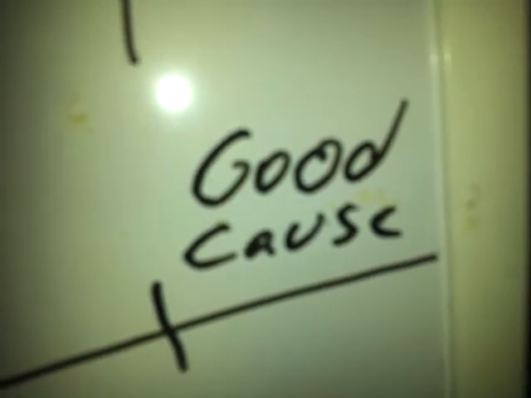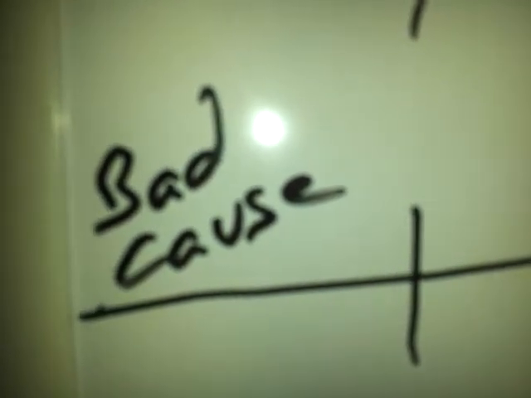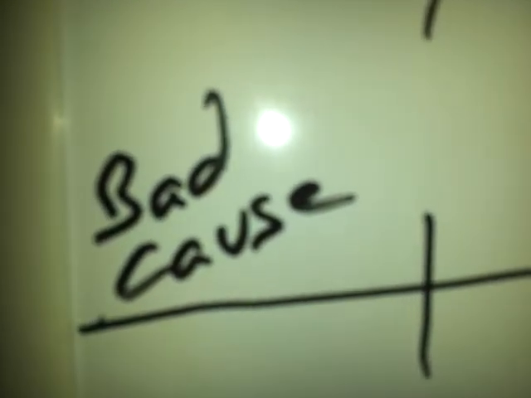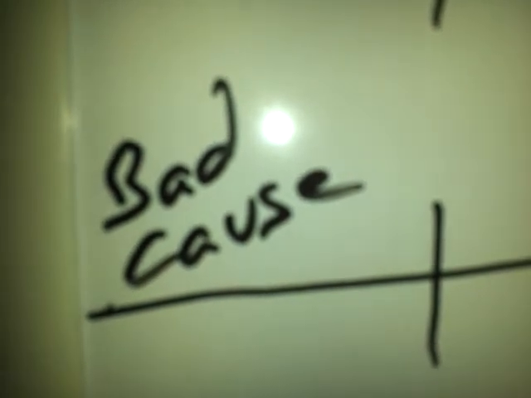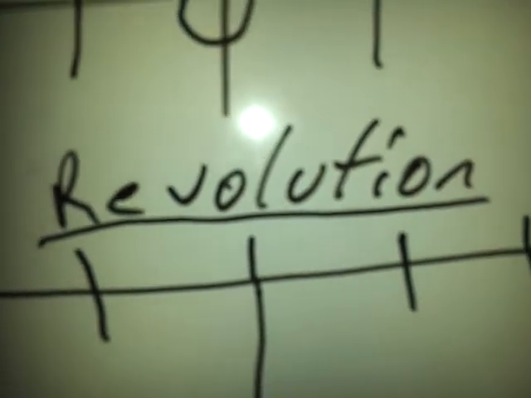You can look at that as a good cause. A bad cause would be trying to fulfill one's own greedy desires. And we know by studying Buddhism and various other religions that desire is a fire. Desire can be a fire.